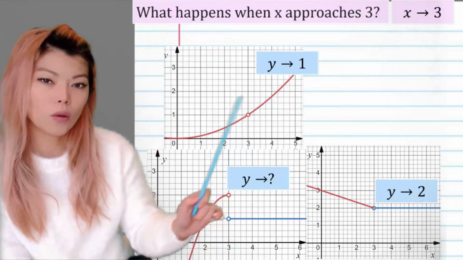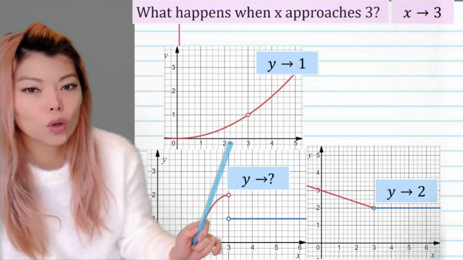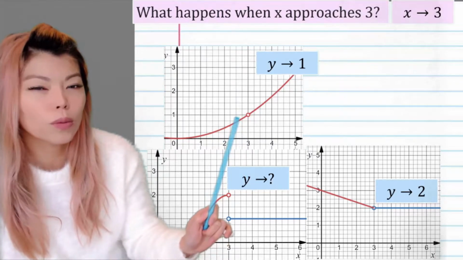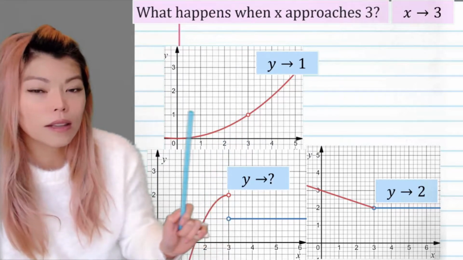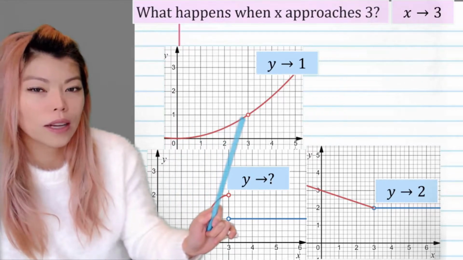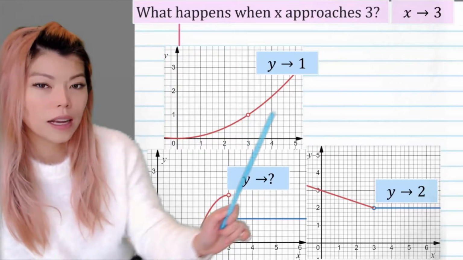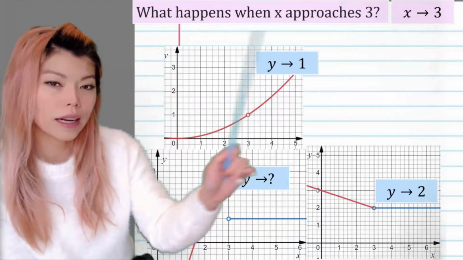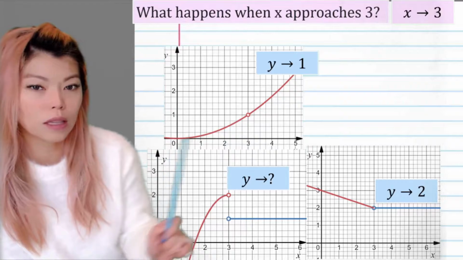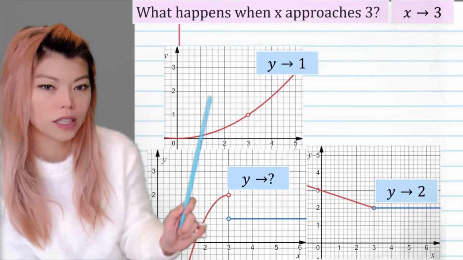That number that the y value is approaching, so see, as x goes to 2.5, 2.9, 2.99999, we can see that the y values here are getting closer to 0.999, 0.99999. So we're getting really close to 1. So this value 1 here is not a number that the graph is part of, but the graph is approaching it as x approaches 3.